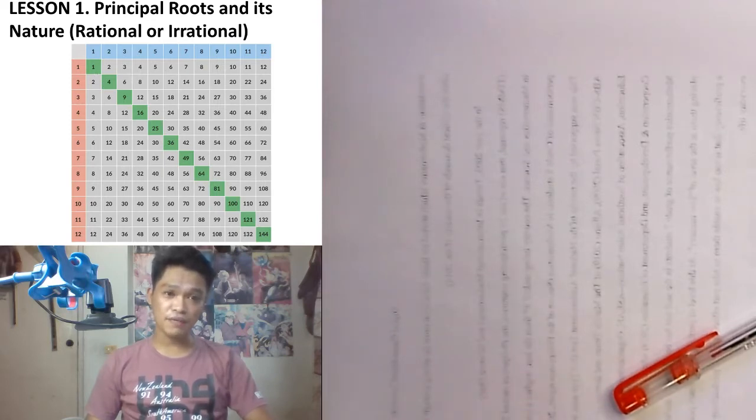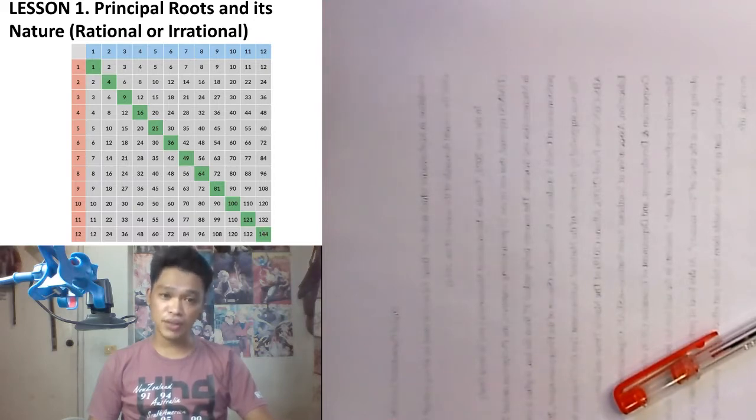For example, 1 times 1 is 1. 2 times 2 is 4. 3 times 3 is 9. 4 times 4 is 16, and so on. The outputs 1, 4, 9, 16, 25, 36, 49, 64, 81, 100, and so on are what you call perfect square numbers.